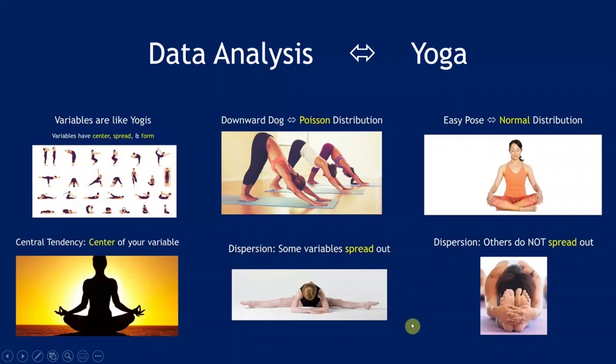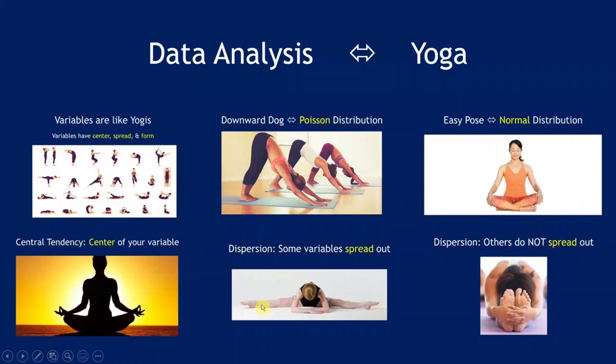We not only measure where the center is of your variable, okay? And this is a distribution, this is a shape. So just like looking at yoga, you would pay a lot of attention to the shape of the pose. So we can talk about the shape. Is it symmetrical or not? We can talk about where the center is. We will also be talking about how spread out some of the variables are. So you will see variables are just like yogis.